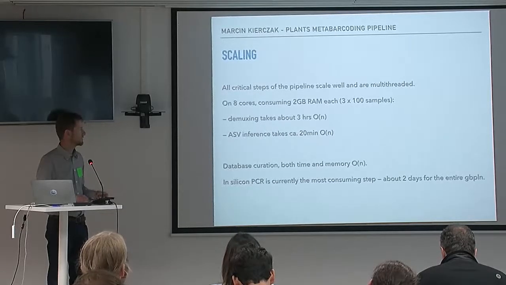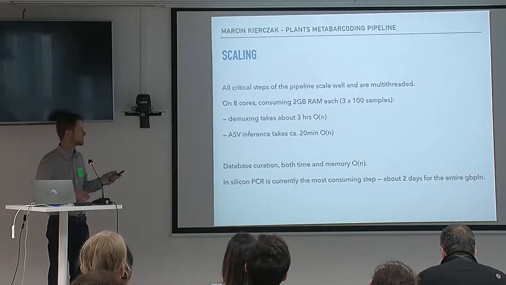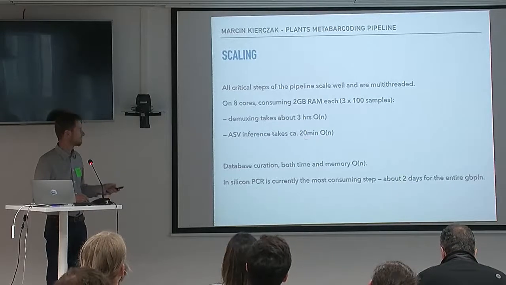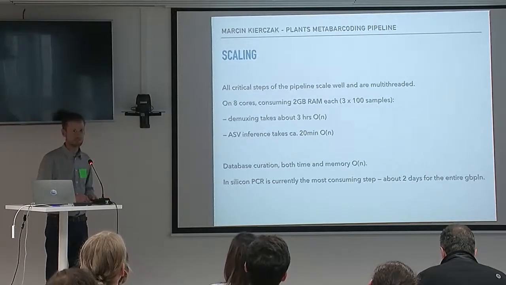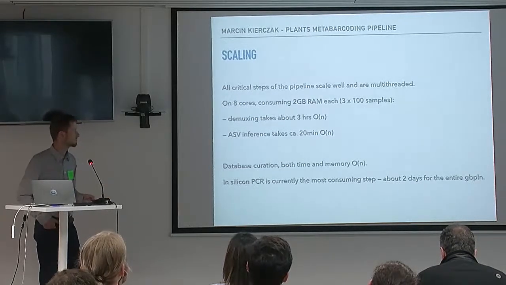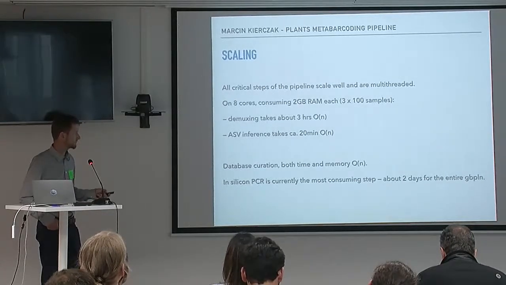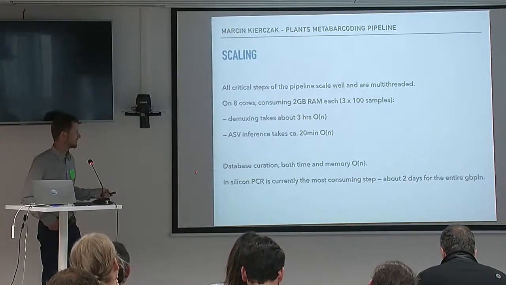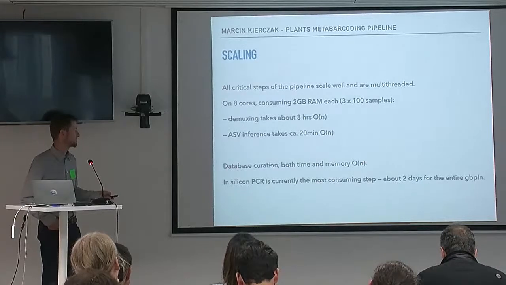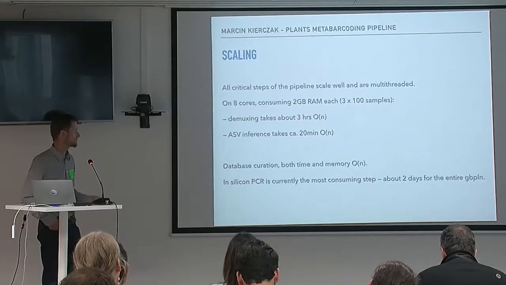Then ASV inference, I can do it on my computer. It scales linearly, or in the worst case, it has some logarithmic complexity. Database curation is a bit more time-consuming, but still not bad.